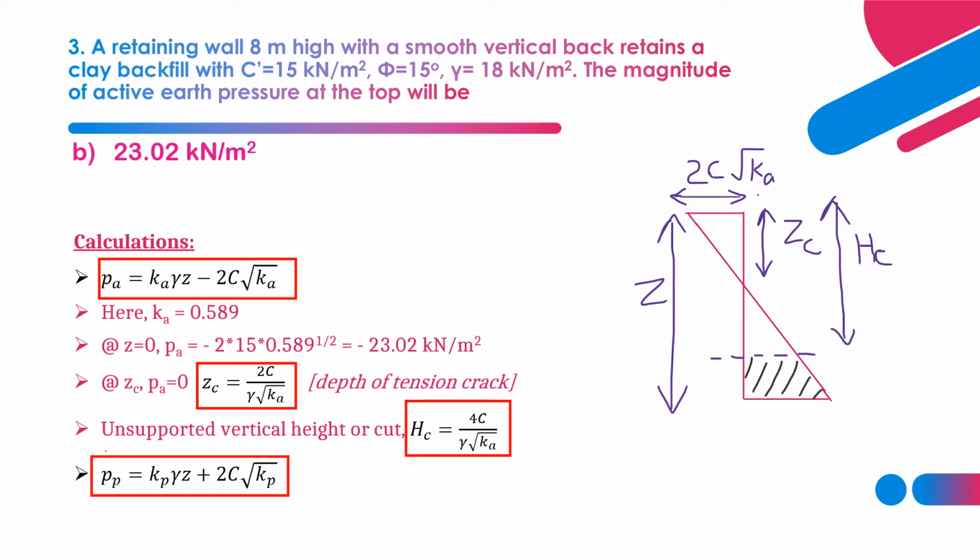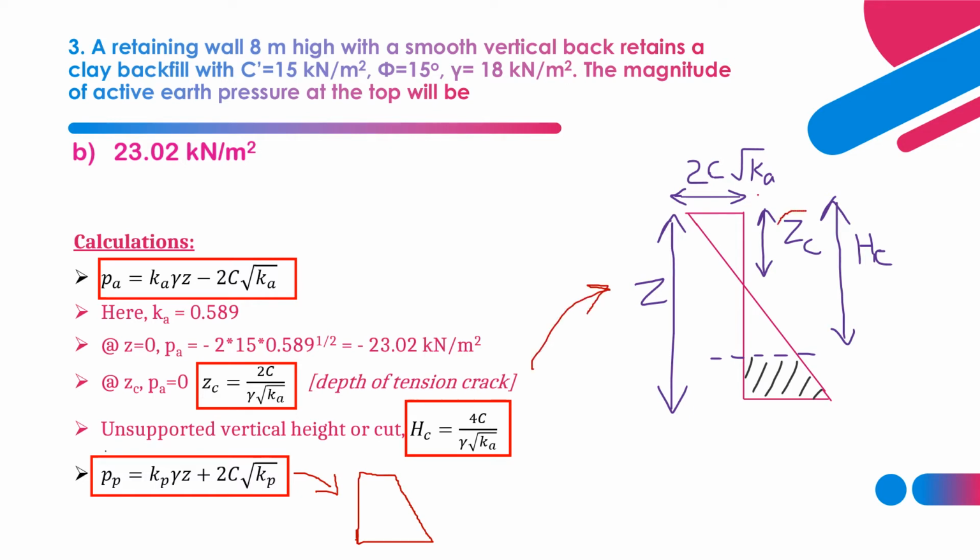So for example, this is the retaining wall, and this is how the earth pressure will be varying. There is no zero earth pressure or tension crack depth in case of passive condition, and this is in case of active condition.